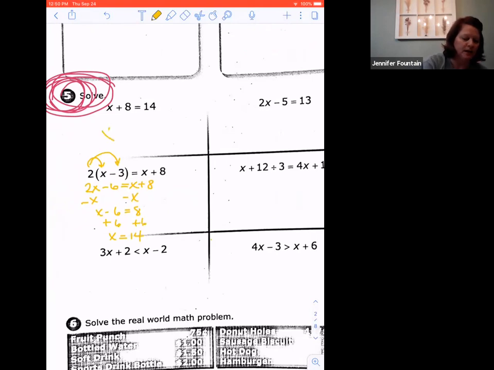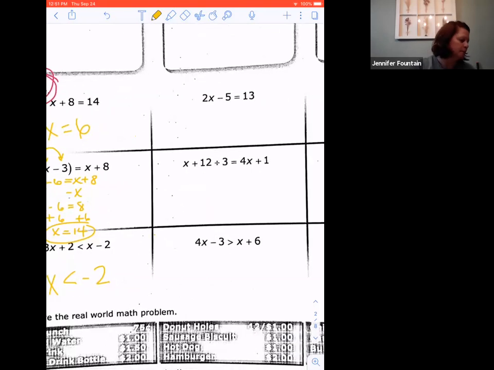So let's see, we have x equals 6 on this first one. Underneath that, x is equal to 14. And then underneath that, x is less than -2. Any questions about the left-hand column? Okay, let's look at the middle.